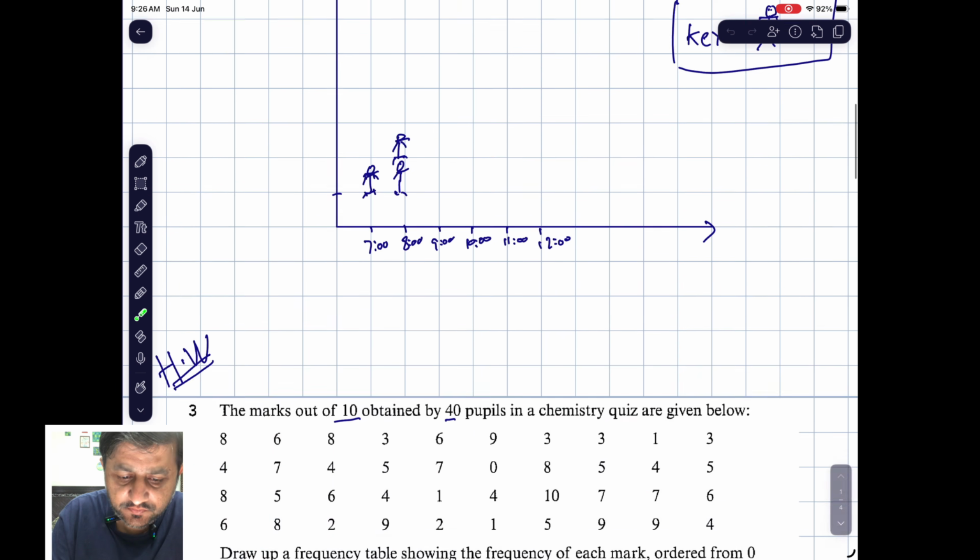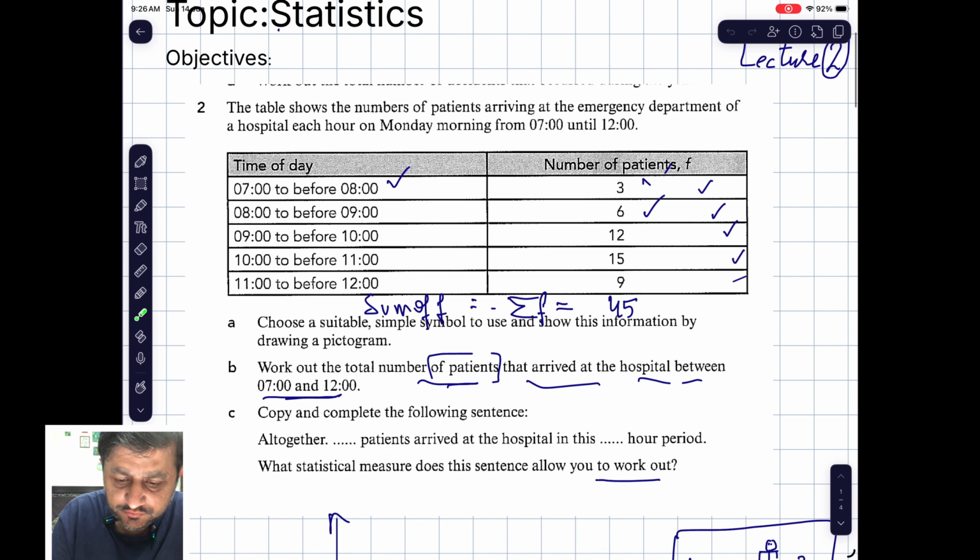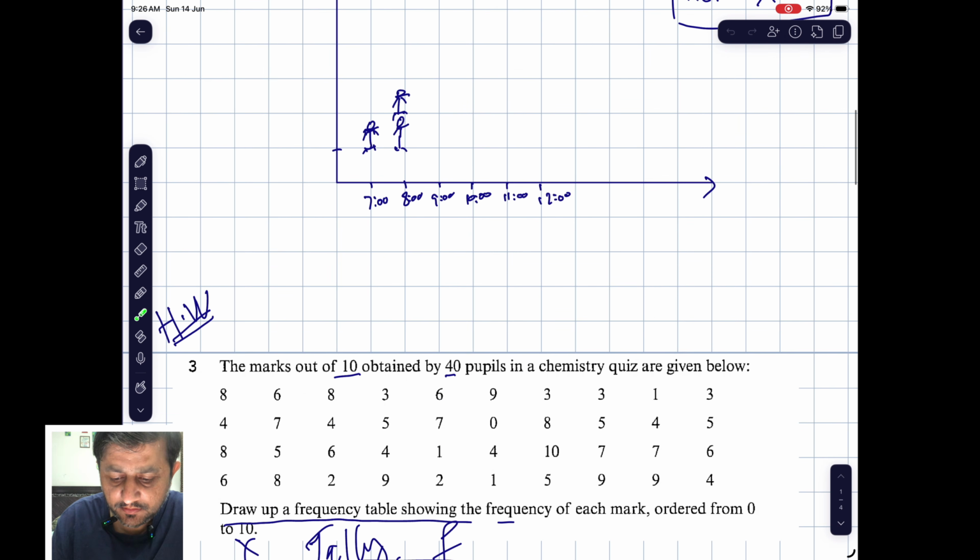So there is just one 0, so I'm going to draw one tally, and there is 1 as the frequency. And then for 1, how many 1s do we have to count? 1, 2, 3. So there are 3 lines or tallies, then the frequency is 3, and so on up to 1 you can check.